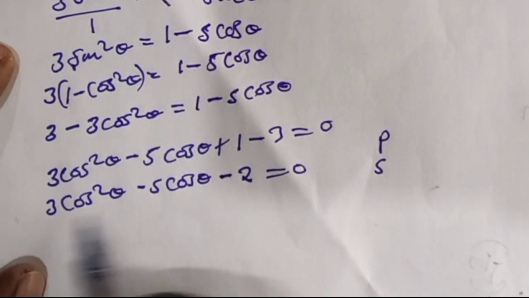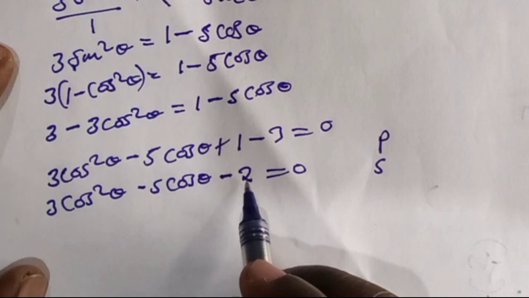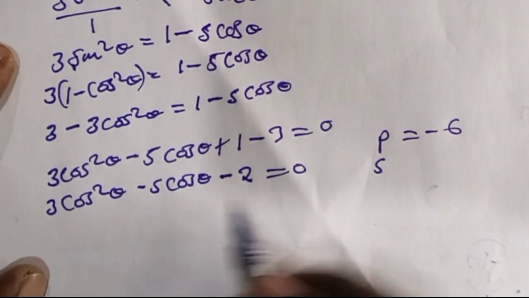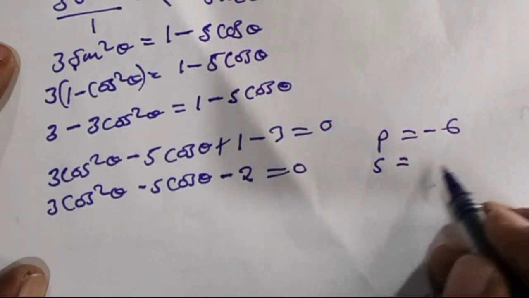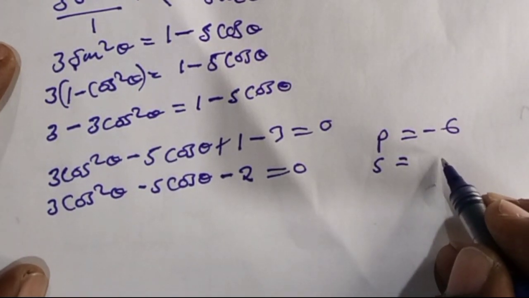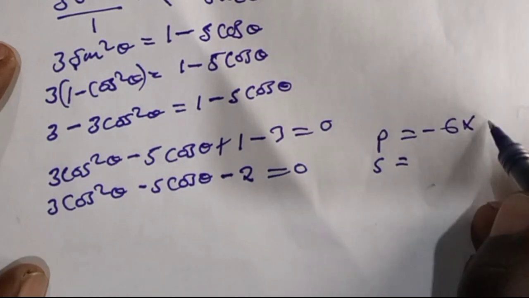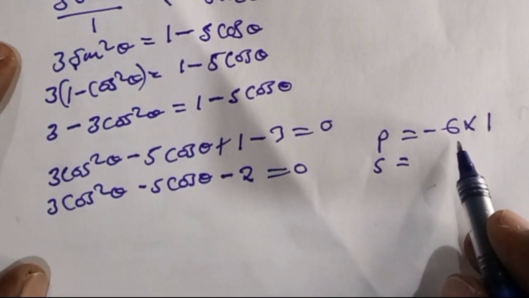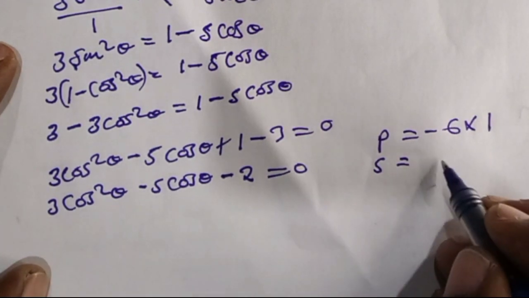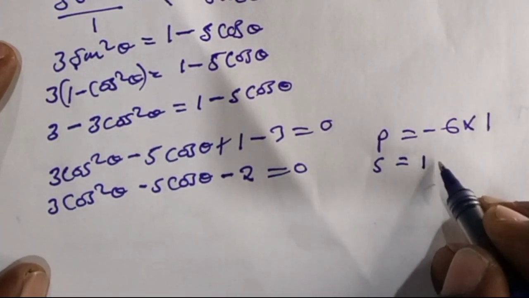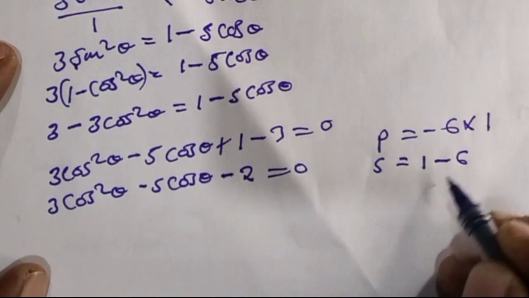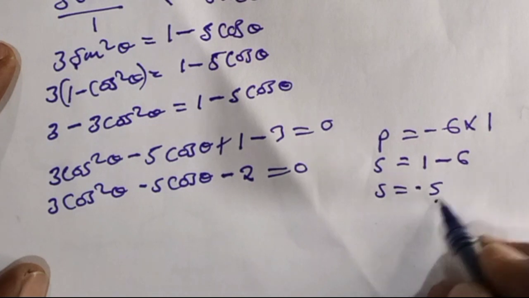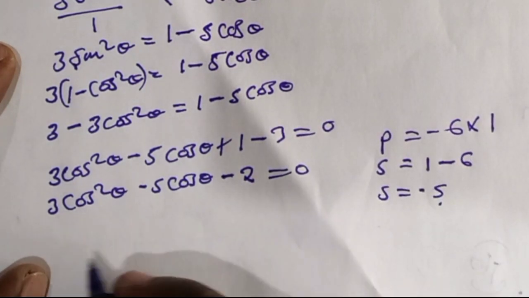The product is 3 times negative 2, which is minus 6, and the sum is minus 5. If you multiply 1 times minus 6, we have minus 6, and when you add 1 and minus 6, you have minus 5. So this is our sum, and the product is minus 6.